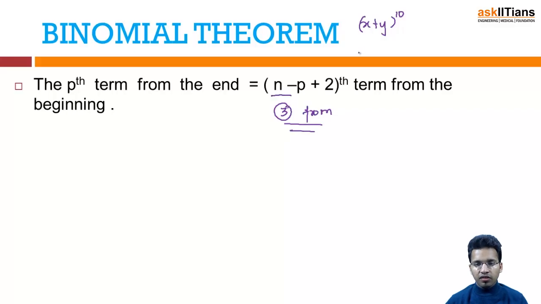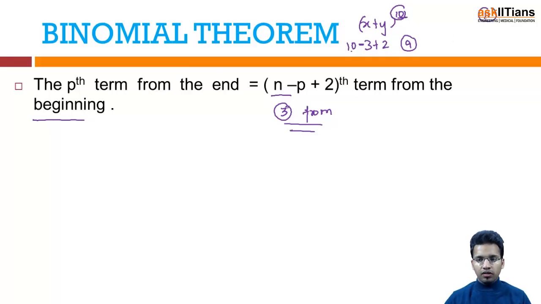N minus p plus 2 means 10 minus p, which will be 3, that is the third term from the end, plus 2, that will be equal to the ninth term from the beginning. Now let us see how many terms there are. 11, obviously. Now we are saying third term from the end, so the third term will be 11th, 10th and 9th, which will be 9th from the beginning.